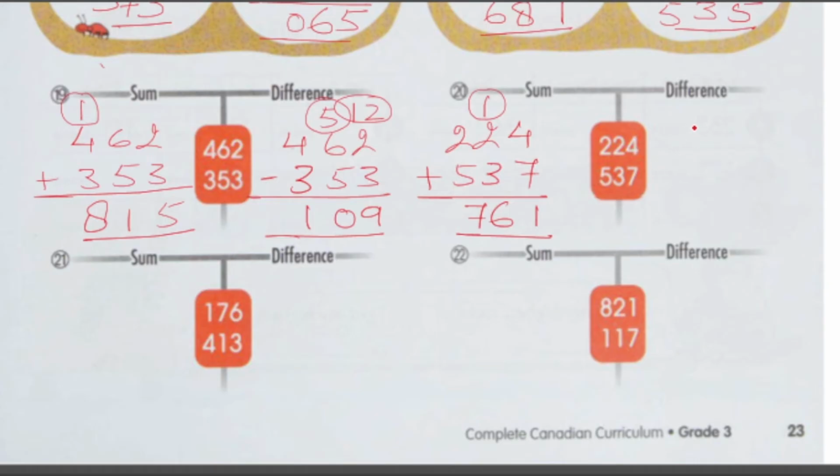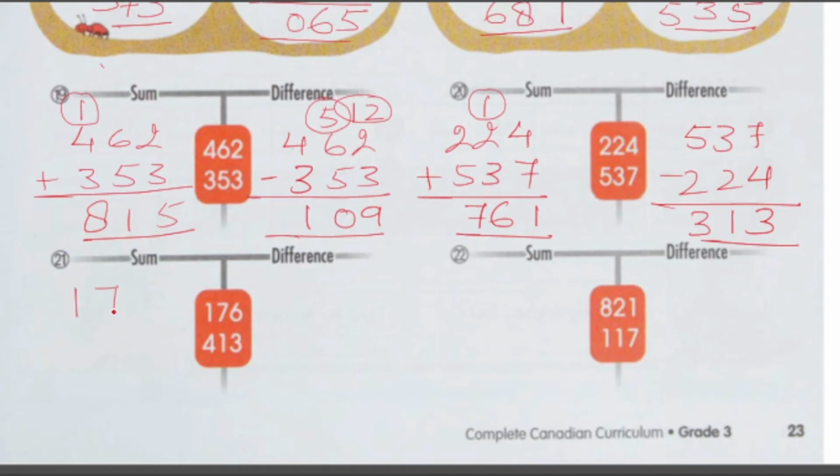So we have to write 537 at the top and 224 at the bottom. Then we have to subtract. Now 7 minus 4 is equal to 3. 3 minus 2 is equal to 1. 5 minus 2 is equal to 3. So 313 is the difference.